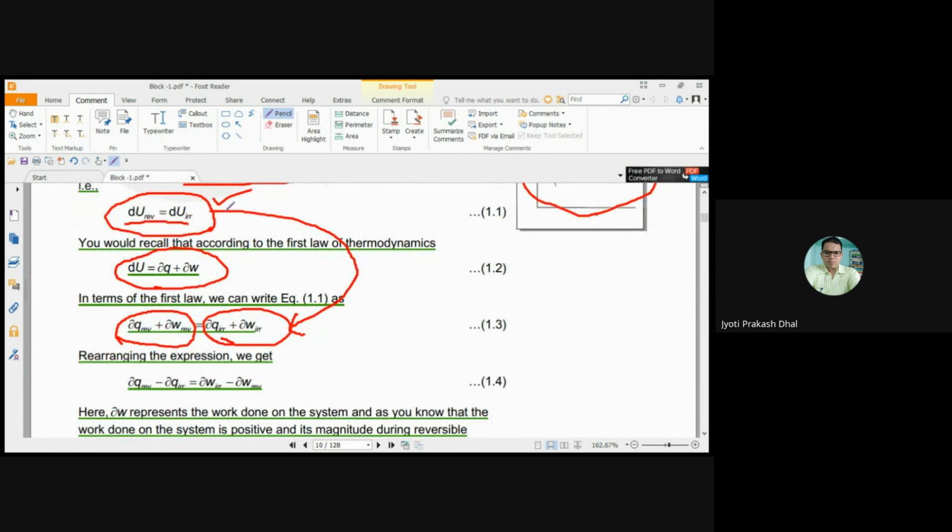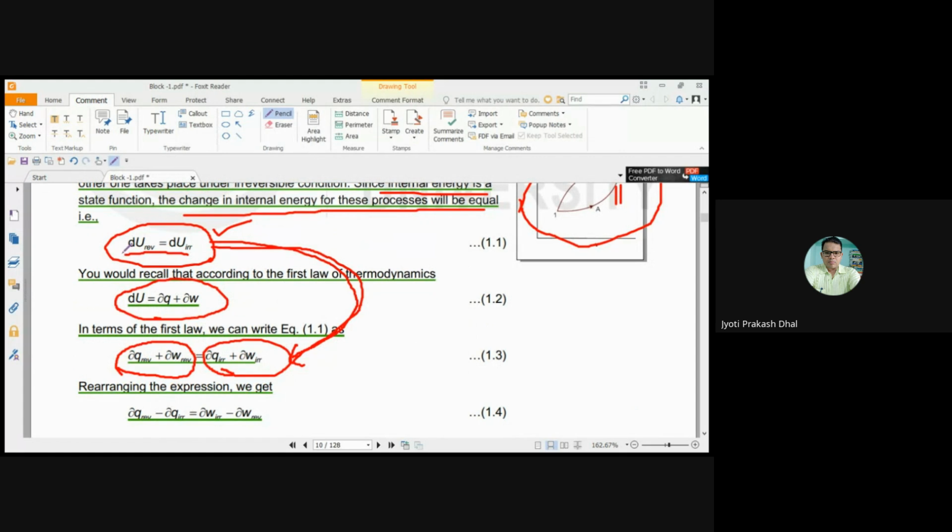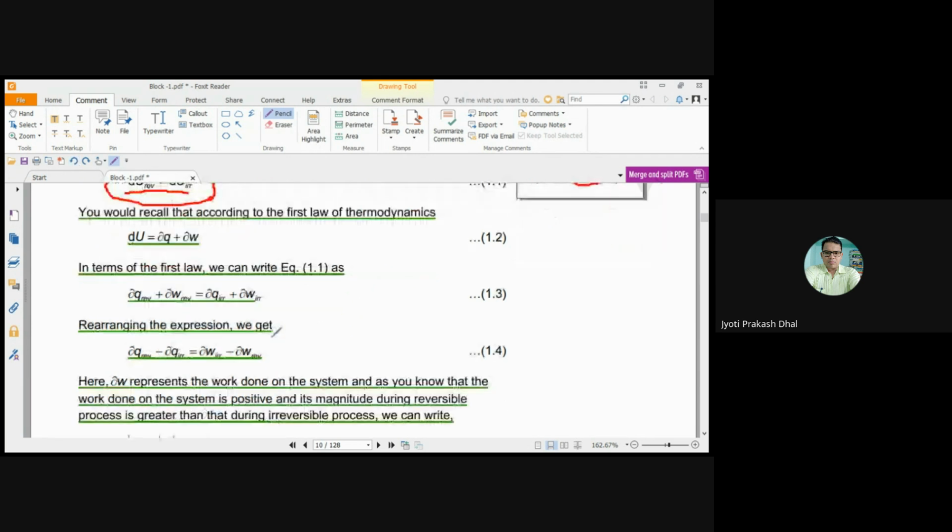According to the first law of thermodynamics, dU equals del q plus del w. So from equation 1.1, in place of dU reversible we can write del q reversible plus del w reversible, and in place of dU irreversible we can write del q irreversible plus del w irreversible.